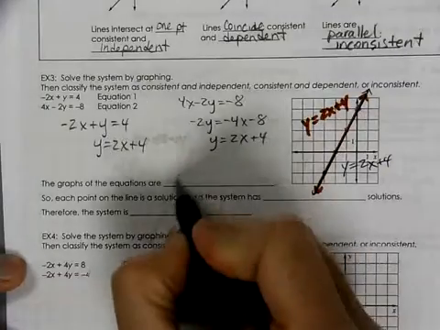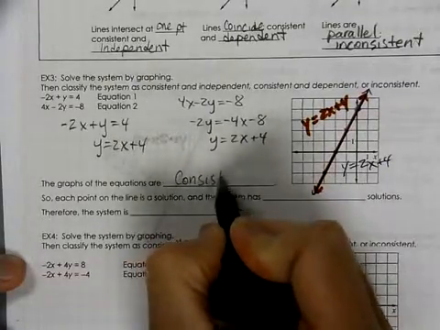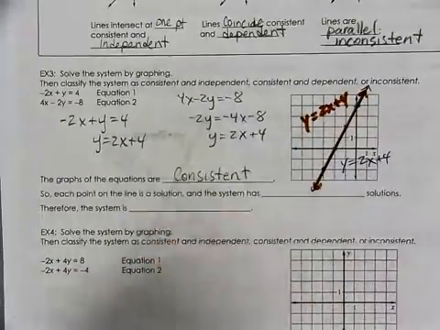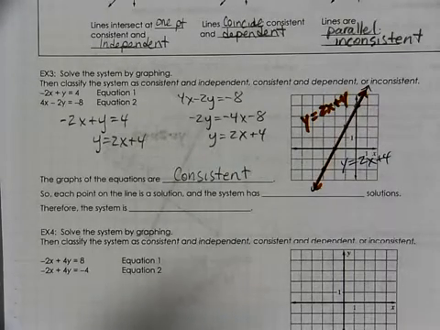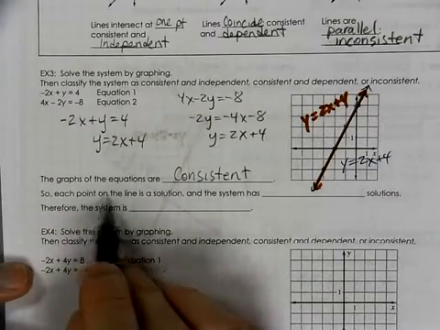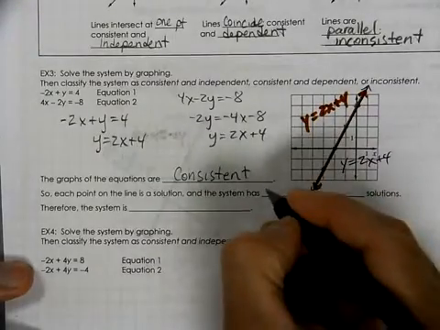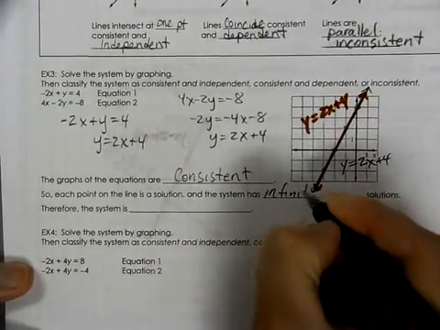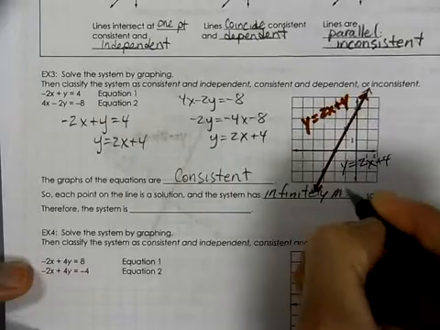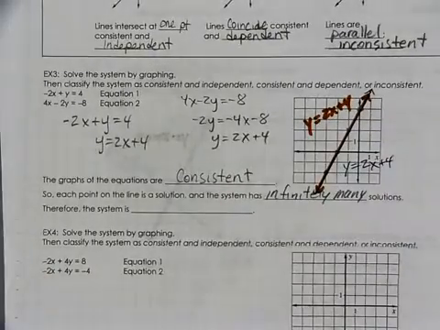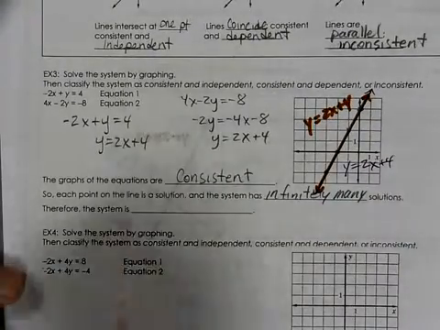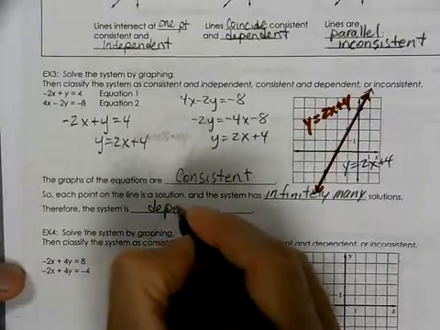The graphs of the equations are consistent because they are not parallel. They don't have the same slope with different y-intercepts. Each point on the line is a solution, and the system has infinitely many solutions. Therefore, it is considered dependent.